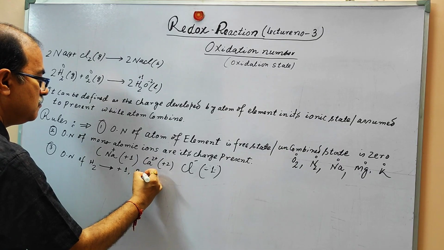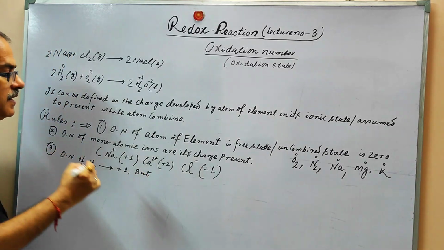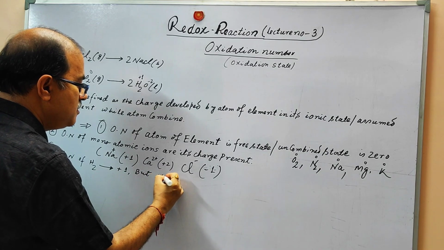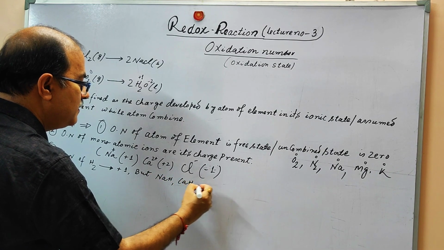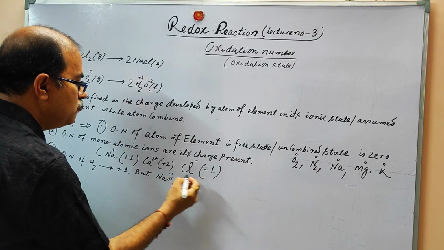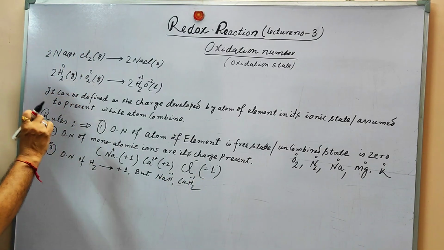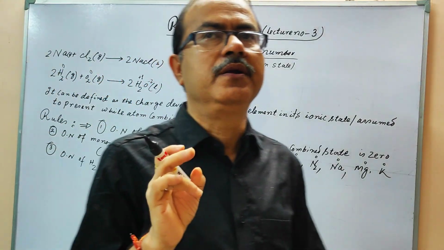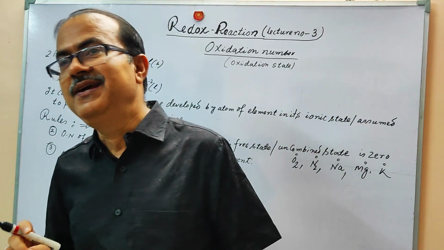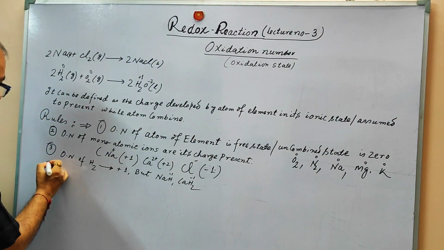But for metal hydrides, suppose NaH or CaH2, at that time this will have the minus. So hydrogen always has +1, but for the metal hydride it will be -1.